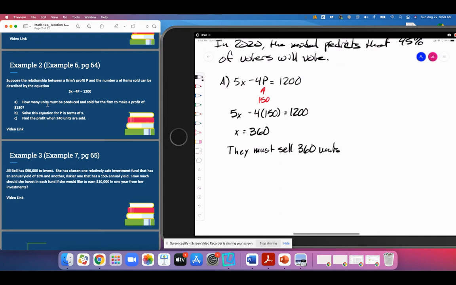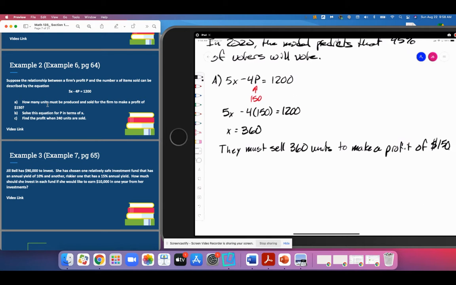I don't know what it is, toasters or microwave ovens or whatever. They must sell 360 units to make a profit of 150 bucks. Just about ran out of space there. Okay, that's it for part A.